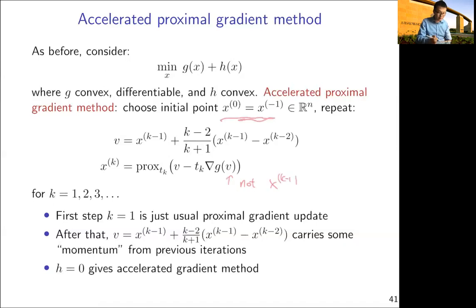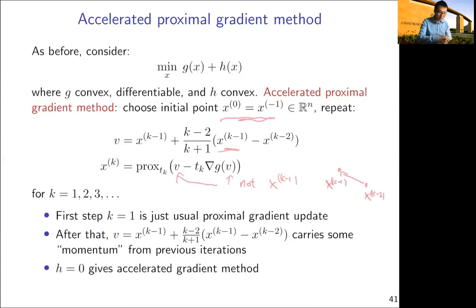Instead, you're calculating this v as a linear combination of the previous 2 points. Let's say that this is xk minus 1, and you just moved from xk minus 2 to xk minus 1 in the previous iteration.